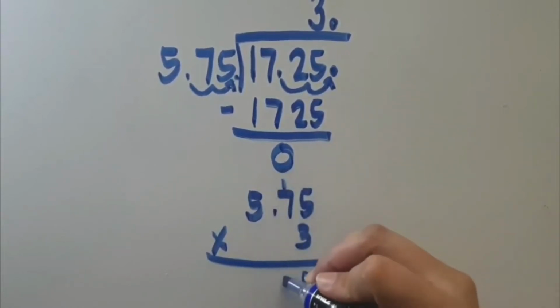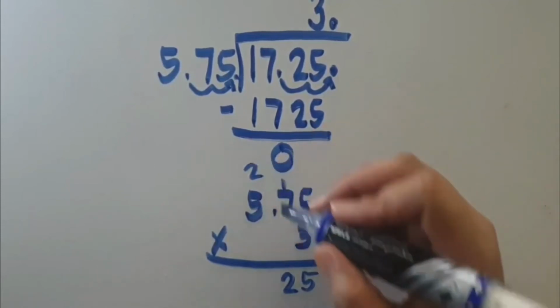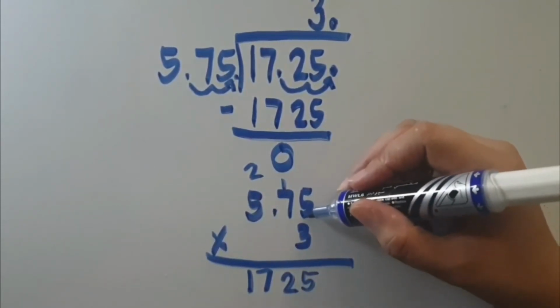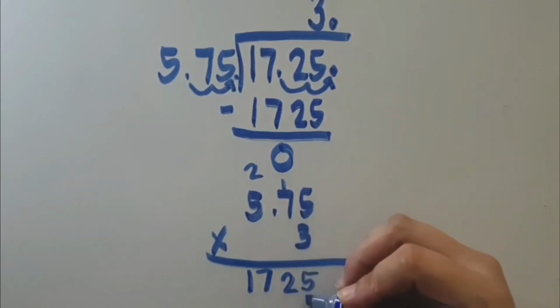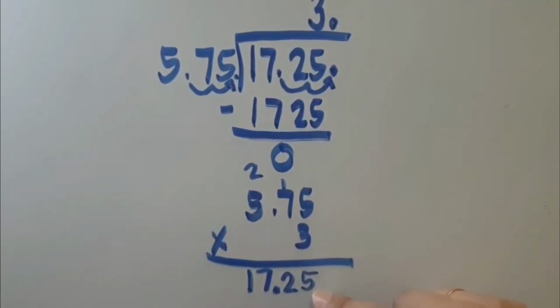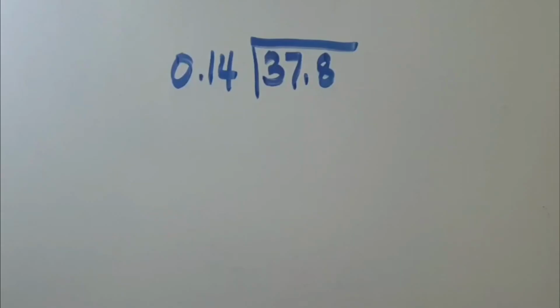Plus 1 is 22. And 3 times 5 is 15, plus 2 is 17. Count the number of decimal places. We have 1, 2. So that means in the product, we should have 2 decimal places also. That makes it 17.25, which is the same as our original dividend.